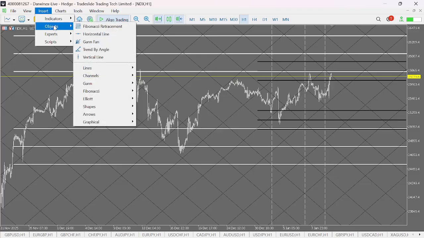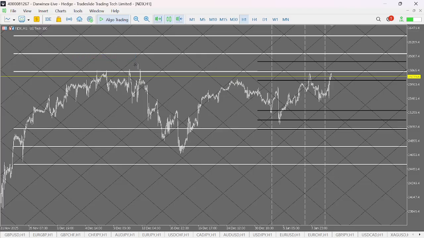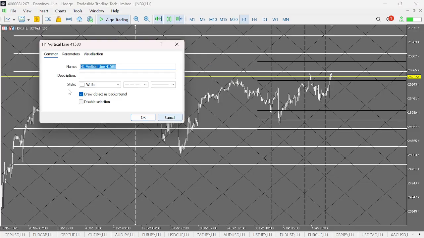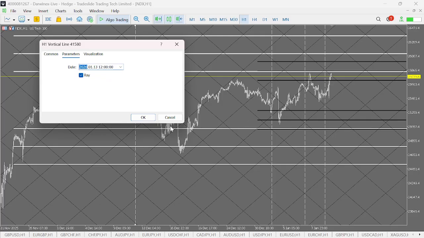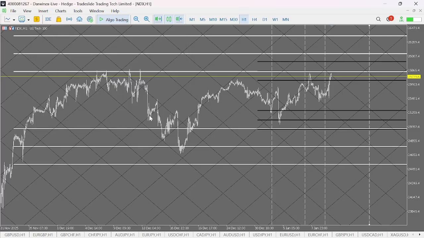Insert object, vertical line. January 13. Gann is telling me in this time and space is a major resistance.